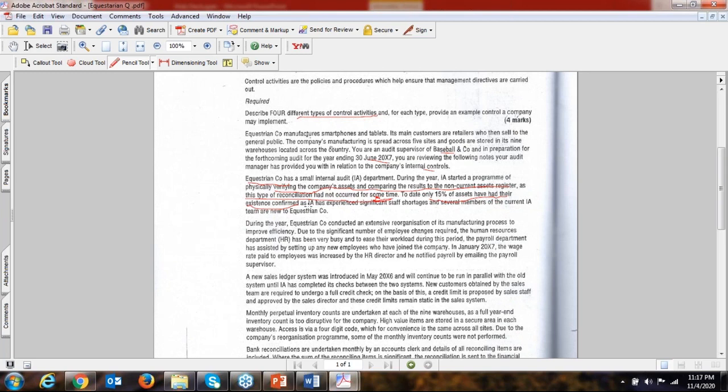Because for 85% of the assets, existence is not confirmed, which ultimately leads to misstatement in the non-current assets. So, guys, do you understand the complete deficiency, the reason for the deficiency, and the impact of the deficiency?